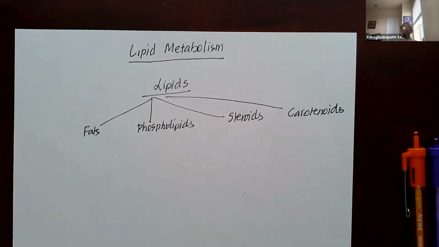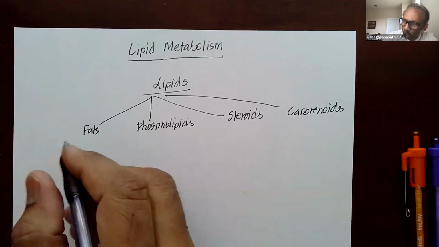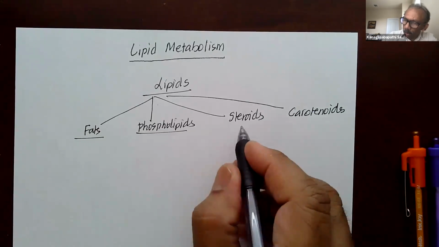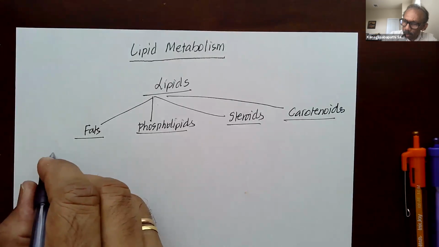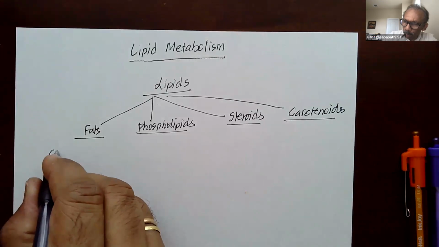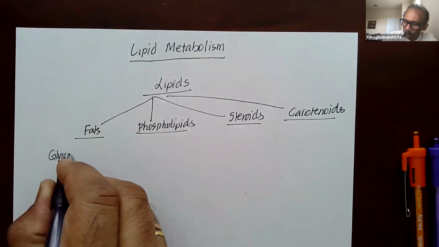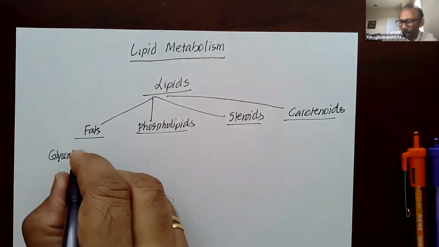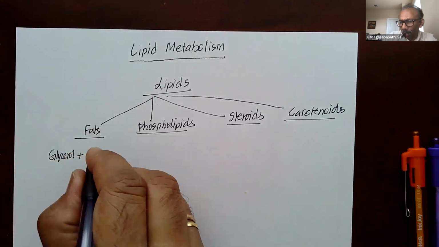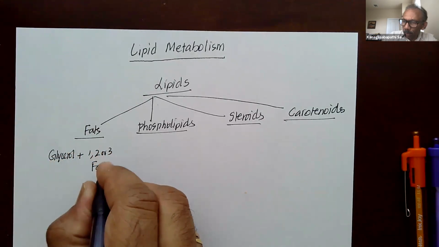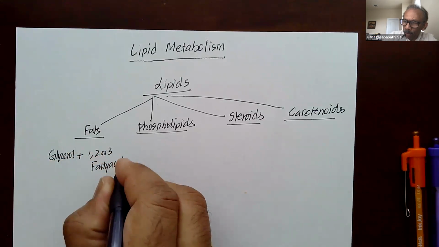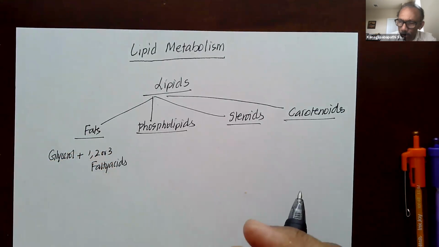All of you may remember what these molecules are made up of. Glycerol is the basic building block, plus 1, 2, or 3 fatty acids. That's what will make a mono-, di-, or triglyceride.